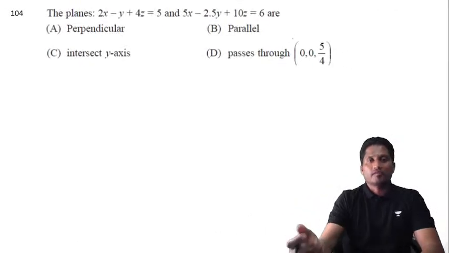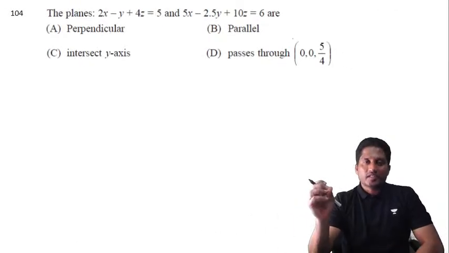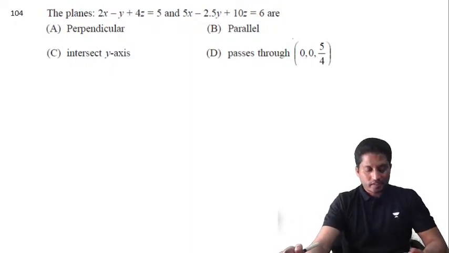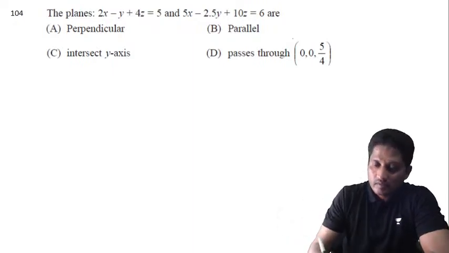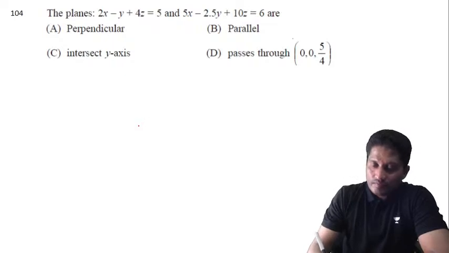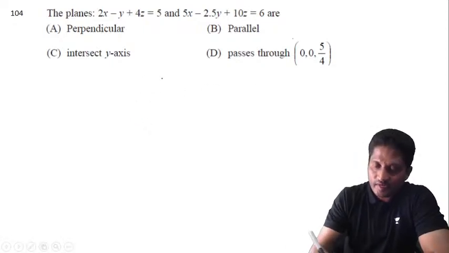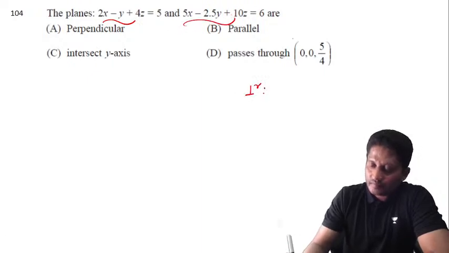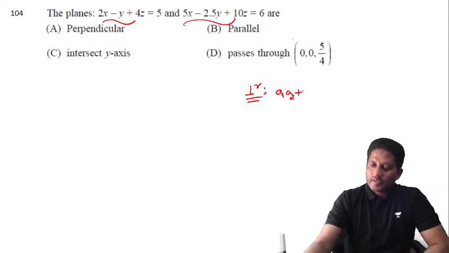Question number 104. Check whether the planes are parallel, perpendicular, intersect y-axis, or passes through the point 0, 0 and 5 by 4. Now see, if I have two planes, they are perpendicular if a1 into a2 plus b1 into b2 plus c1 into c2 is equal to 0.